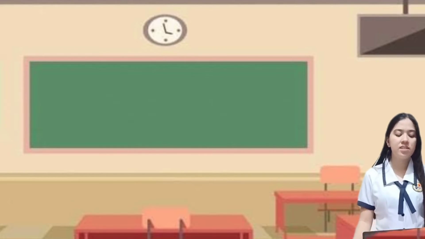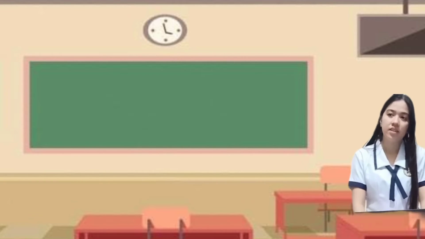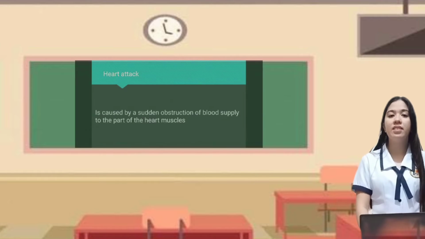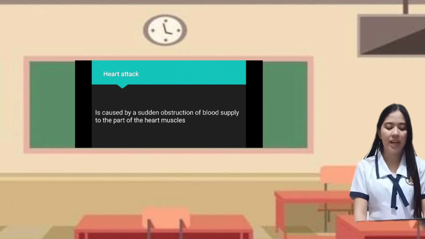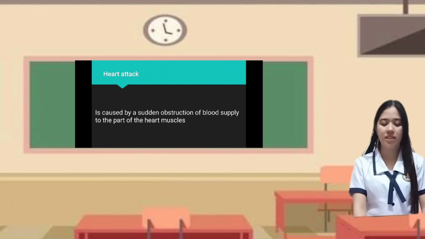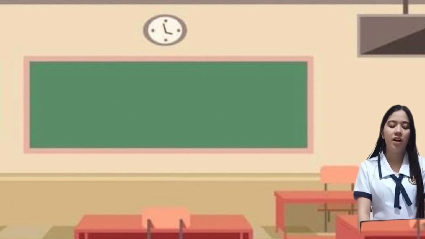So what does heart attack mean? Okay, so heart attack is caused by a sudden obstruction of blood supply to part of the heart muscles. So this is the first aid for heart attack.